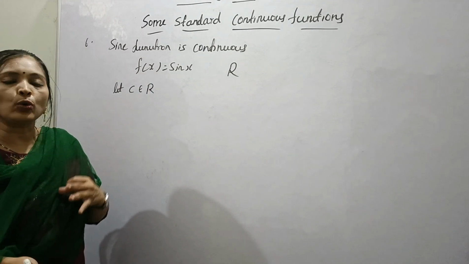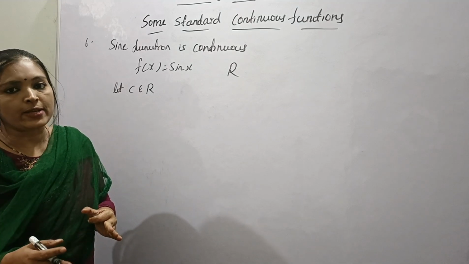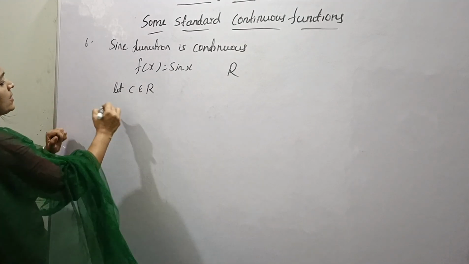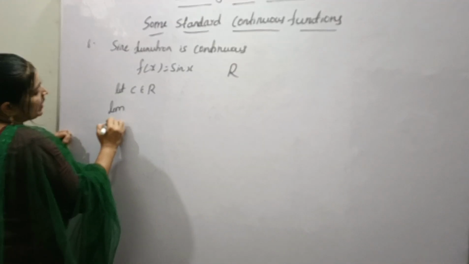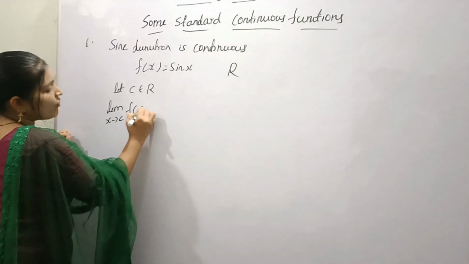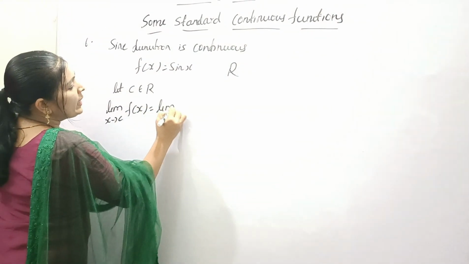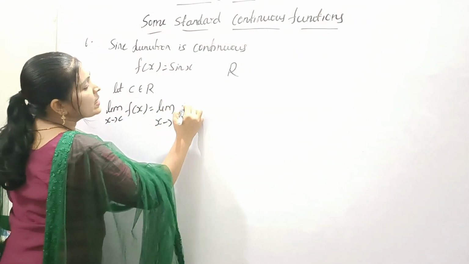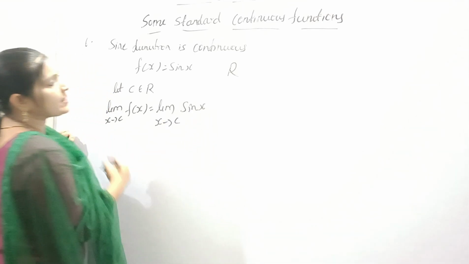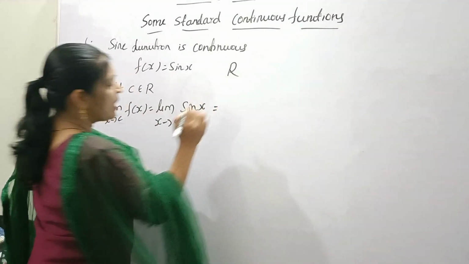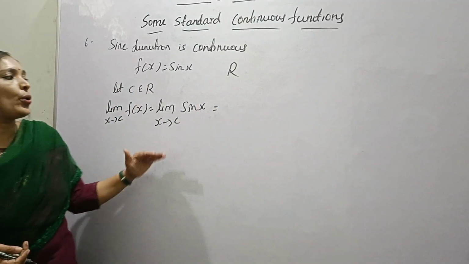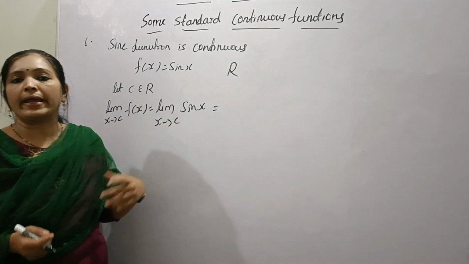Here also we have to prove limit x tends to c, f of x is equal to f of c. Let's find limit x tends to c, f of x, that is equal to limit x tends to c sin x. Here we are not going to substitute directly.